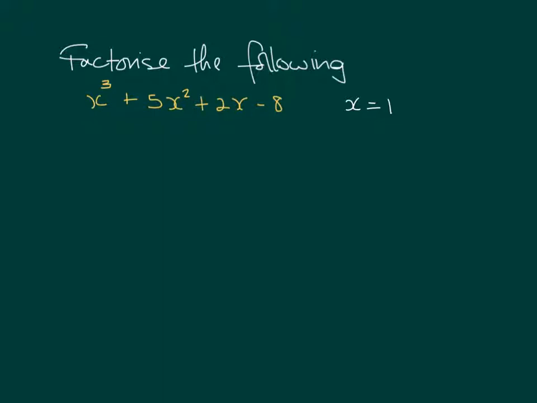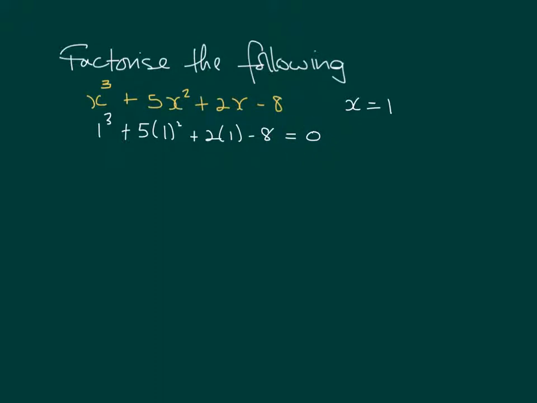So what I need to do is change all these x's for 1s, okay? I'll use my calculator to do it as well, but what I'm actually calculating is 1 cubed plus 5 times 1 squared plus 2 times 1 minus 8, and I'm checking to see if I get 0. Now because I've calculated mine already, I've already got 0.